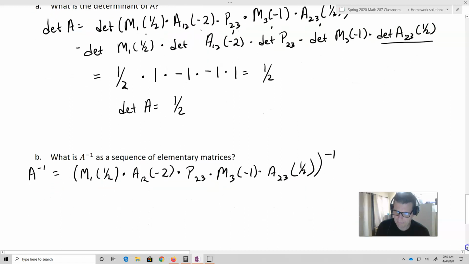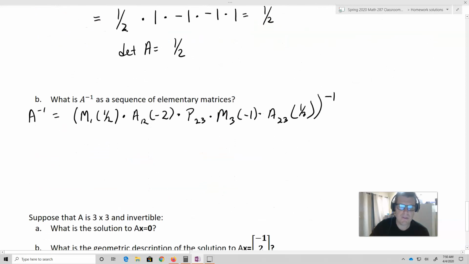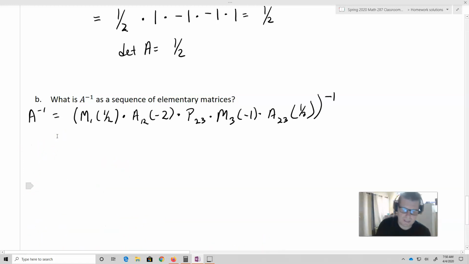Now, when we invert a product of matrices, we're basically going to invert each individual one and then switch their order.